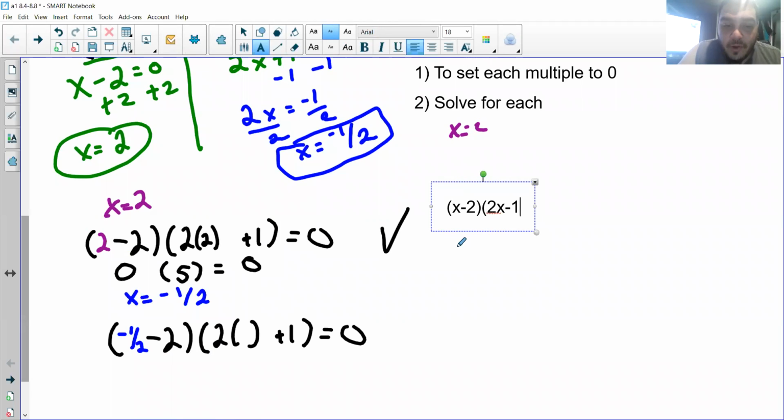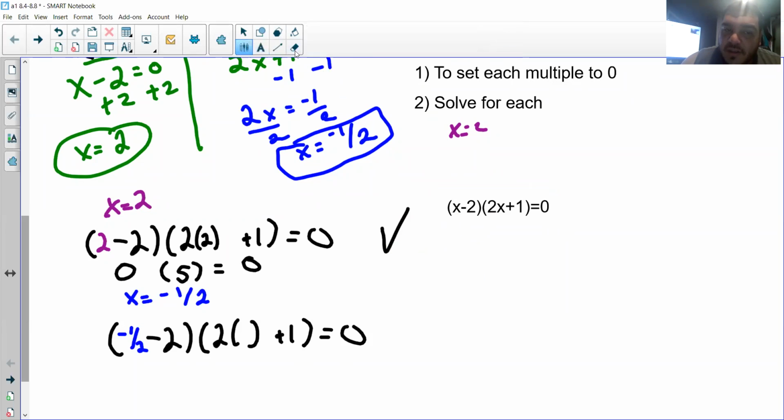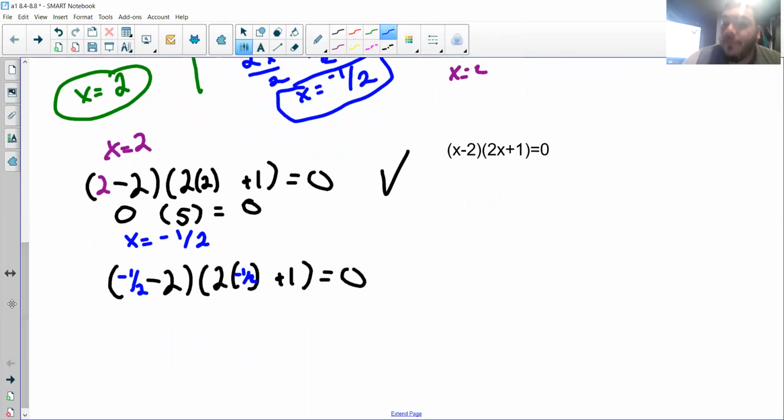Because what's 5 times 1? But didn't you just say that x equals 2 and x equals negative 1/2? Yeah, I'm just showing the check as proving it. You don't have to check it. I would not recommend even checking it because this is a very straightforward solution. So no real need to check it. I'm just showing you proof.